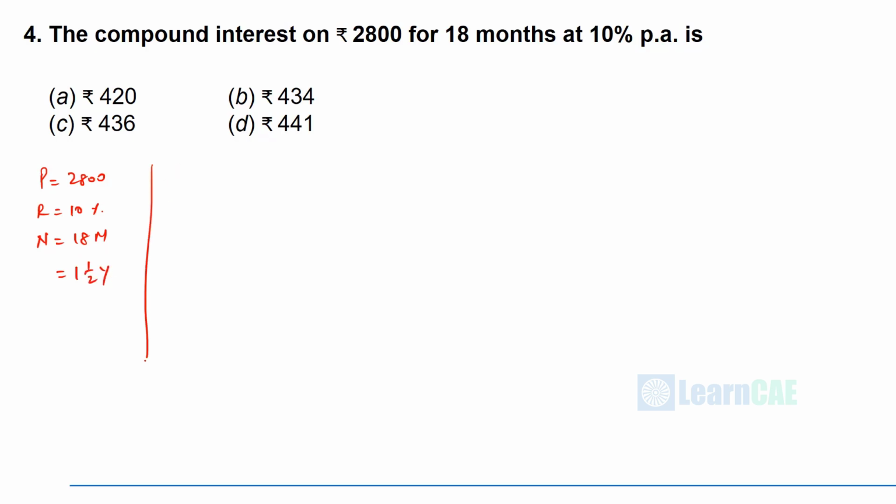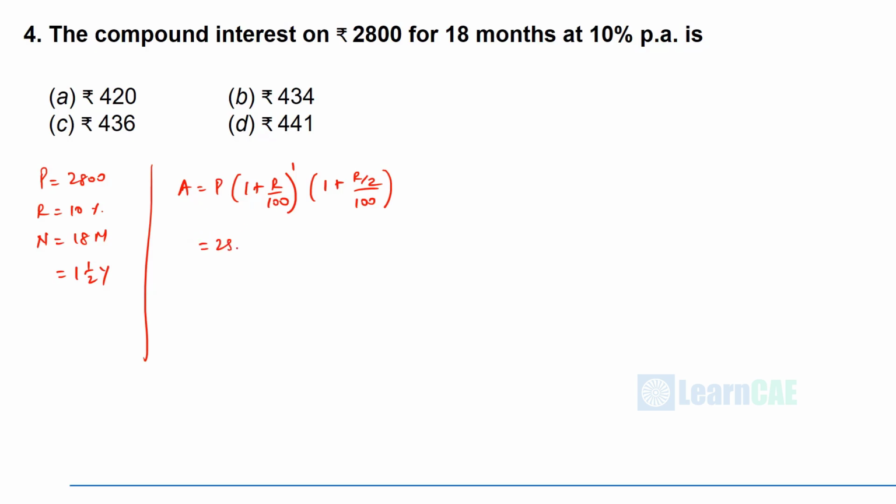We know that for this kind of number of years in mixed fraction, we shall use the formula A is equal to principal into 1 plus r by 100 power n for the first year, into 1 plus r by 2 by 100, because we are dividing the rate by 2 for the half year. Now we shall substitute the values.